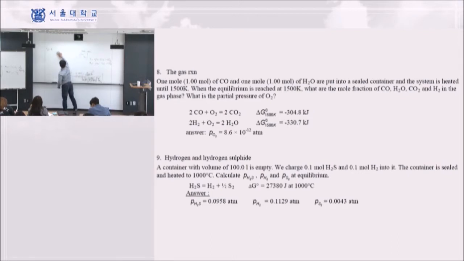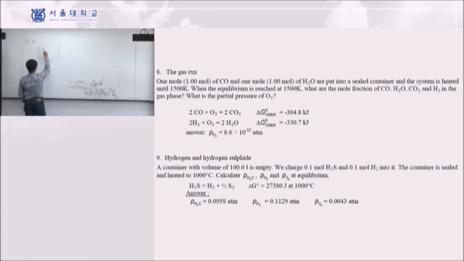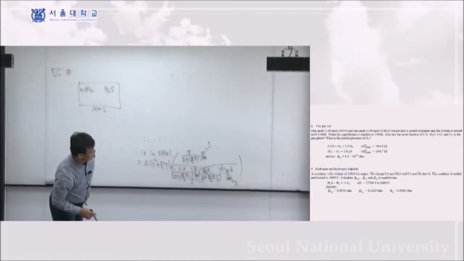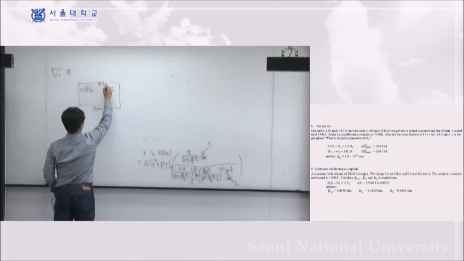So this is also a final equilibrium state calculation, yeah? We can apply the same kind of method as the previous question. I have a container which is 100 liter, and I'm adding H2 and H2S, 0.1 mole and 0.1 mole.